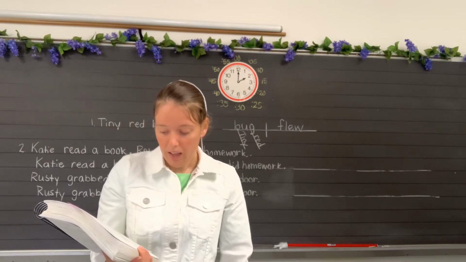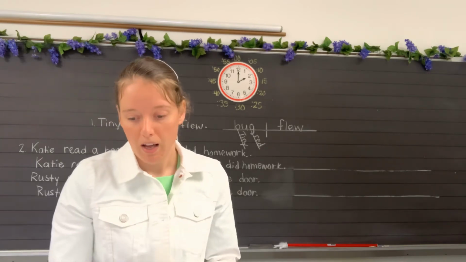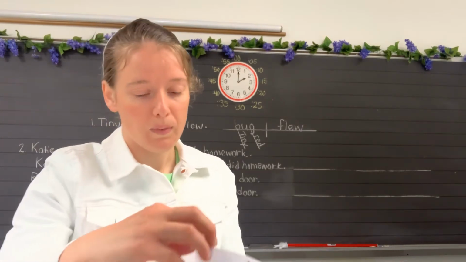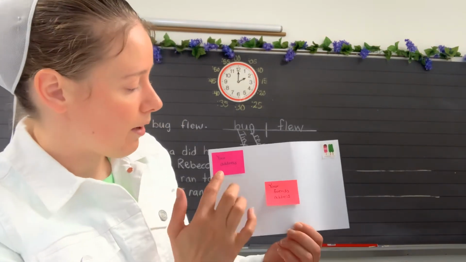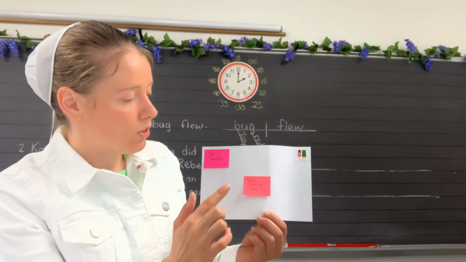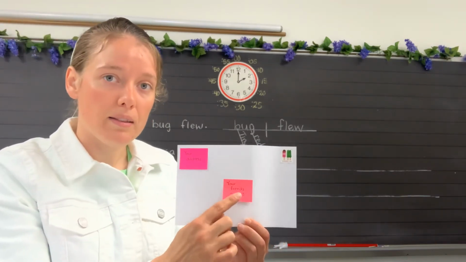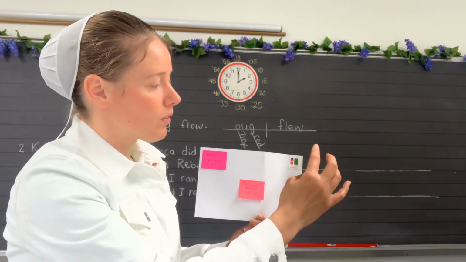Okay, so let's discuss how to write the envelope out. I have a little example here that I'll show you. So up here in the top left corner, you will put your address. And then you will put your friend's address in the middle of the envelope. And then over on the top right corner goes the stamp.